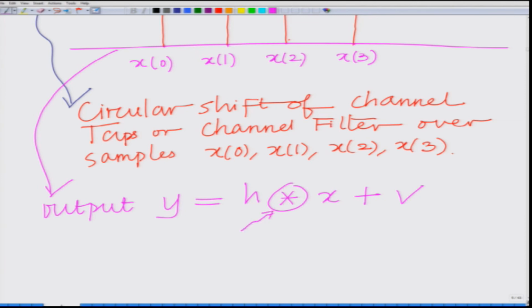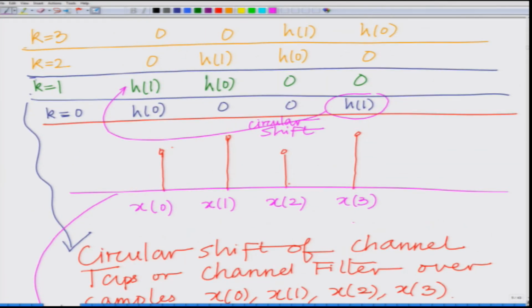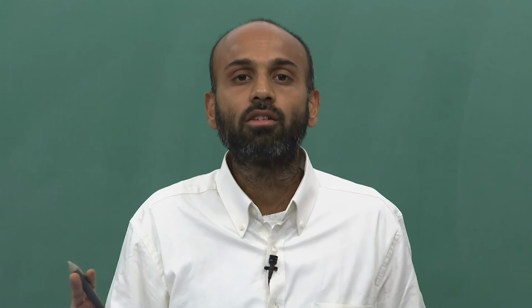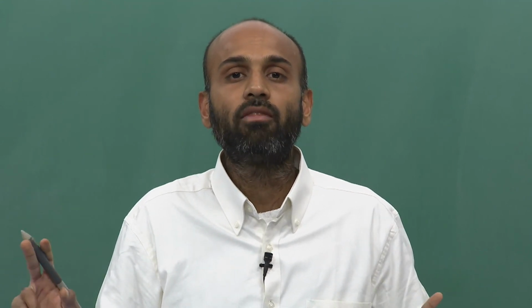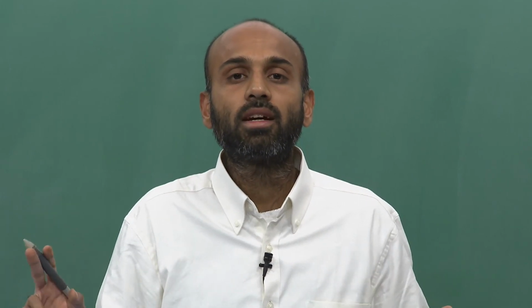So this represents a circular convolution. Because of the addition of the cyclic prefix, the action of the channel filter on the input symbols is such that at every point in time you are circularly shifting the channel filter.